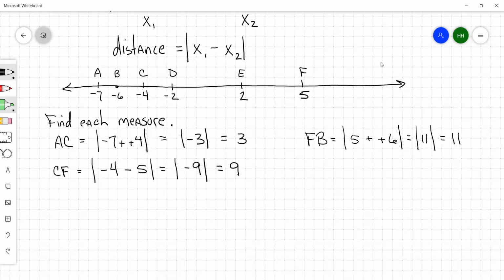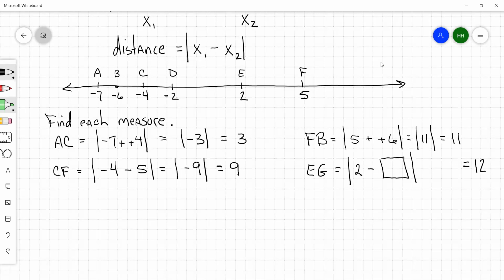How about we try this one? Let's see what happens if we just try. I'm going to write 2 minus an open box, and over here I'm going to say 12.